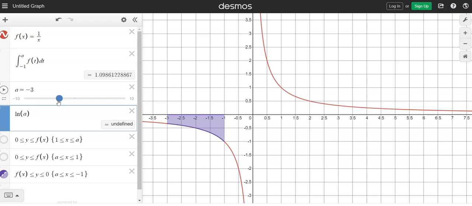So our rule doesn't quite work. But what happens if we use negative a? Now notice we agree again. So what's the trick here? If a is negative, well, that's kind of a problem, but not really. We just use a negative sign inside our natural log.